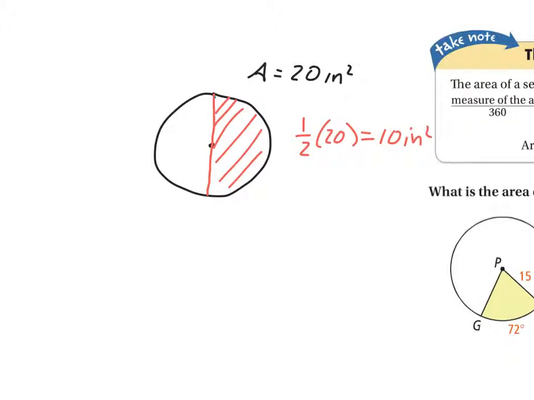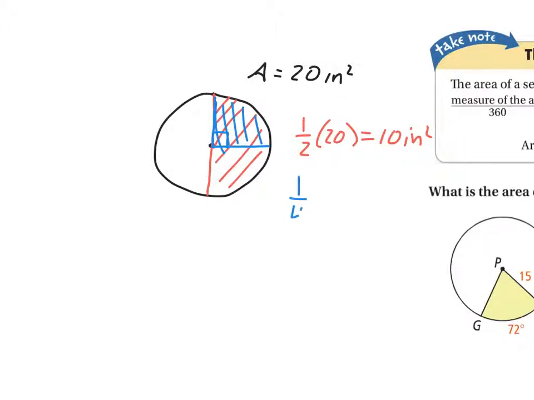What if I come in here and say, all right, well, but what if this is a 90-degree angle and I want that part? How much do I have? What's the area of that? It's going to be 1/4 of 20.